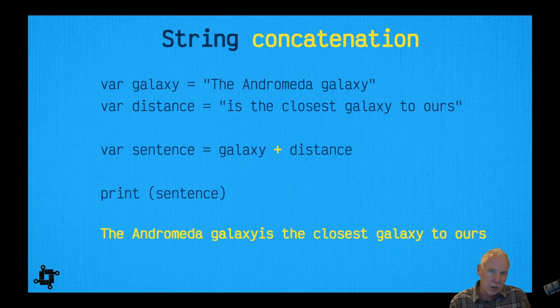So very much like you might do 3 plus 4 and get 7, with strings, you're not really adding them the same way. The plus operator is a concatenation operator, which basically just takes the two strings and puts them together. So we see here now when we do our print statement, here is the string that we get out of that, which says the Andromeda galaxy is the closest galaxy to ours.